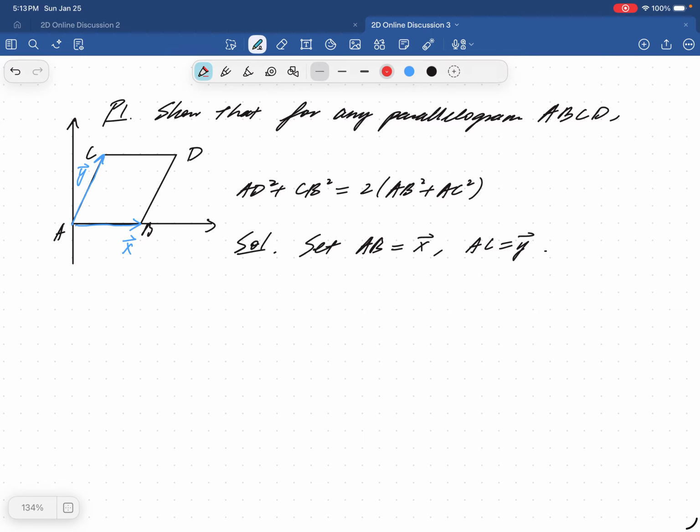I need to move this y. If it starts here, I need to make it start here, and then draw this thing that is parallel to y. This is what we call tip to tail. The resulting length here is exactly x plus y.